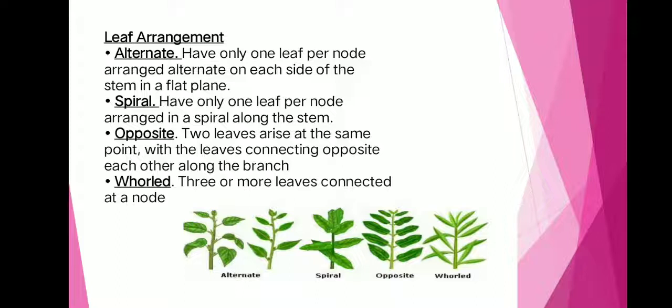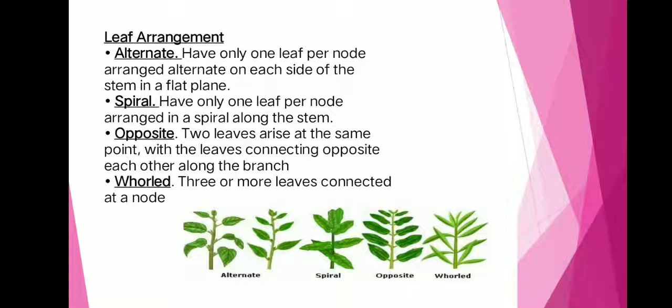Leaf arrangement. First is alternate. Have only one leaf per node arranged alternately on each side of the stem in a flat plane. So the leaves are single at each node and borne along the stem alternately in an ascending manner. Next is spiral.